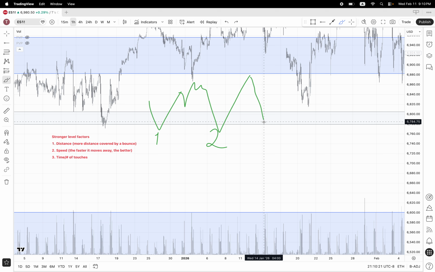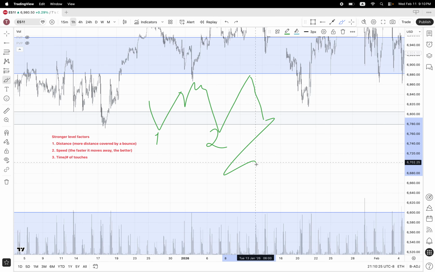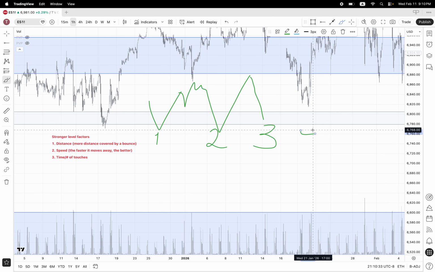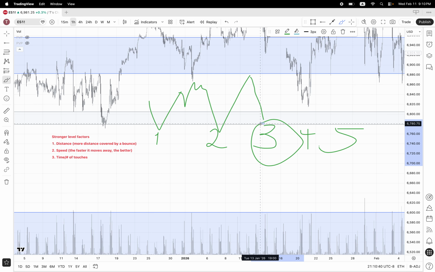You could think the buyers would be exhausted, they wouldn't be able to support the price, and eventually it will break the level and go lower. So starting with touch number 3, and I've seen as many as 5 so far, I would be wary. I would consider the level getting weak, and there would be a potential for a breakdown.